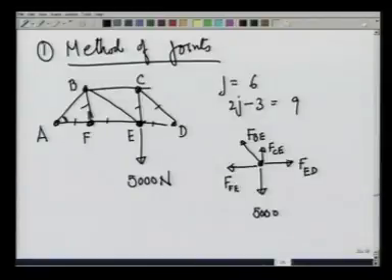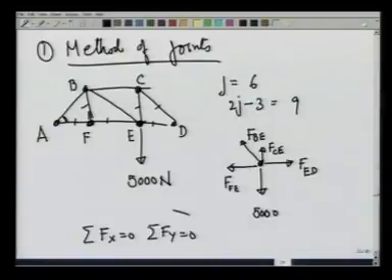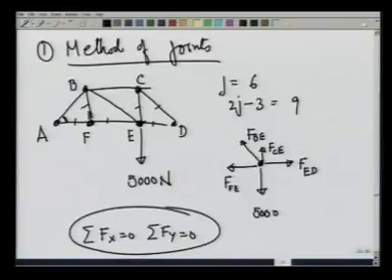Remember, all the forces are acting at the same point, therefore, the torque equation is automatically satisfied. The only equations I have at my disposal are summation Fx equal to 0 and summation Fy equal to 0. And therefore, I have only two equations that I can apply at this point. However, the number of unknowns is 1, 2, 3 and 4, and therefore, I cannot directly apply these two equations and get the answers right away.